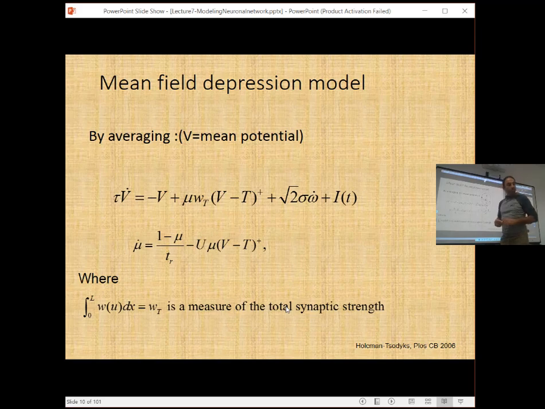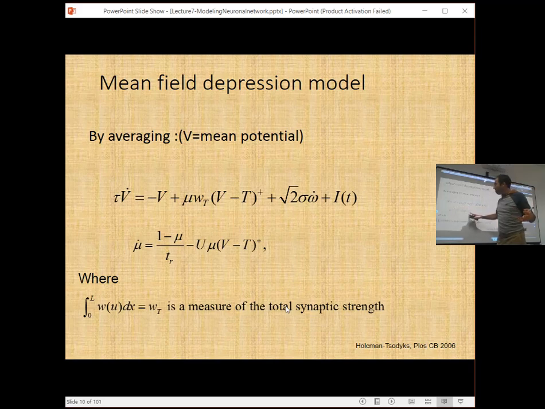All right. And so when you do this, you look at an equation for V, and we said that V decays, if nothing happens, exponentially to 0, or it can be activated by self-connections with W of t, which is the synaptic weight, and there is mu, the synaptic depression.